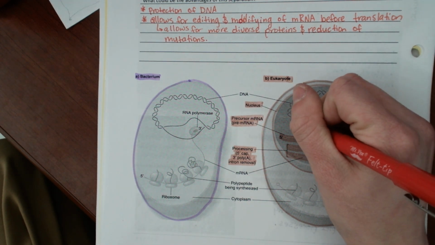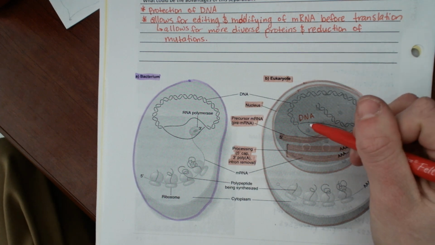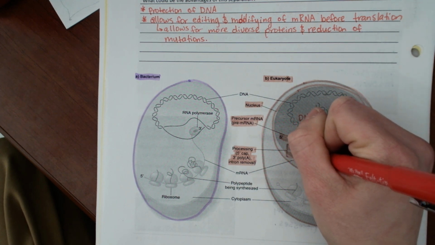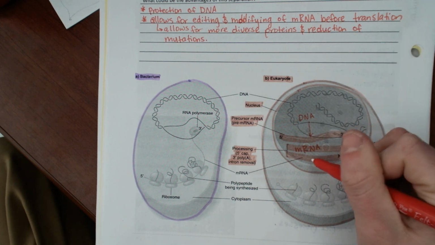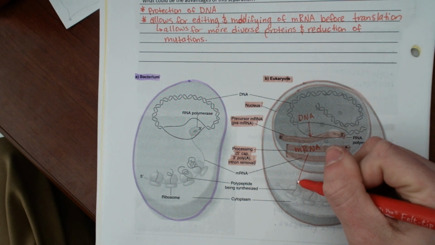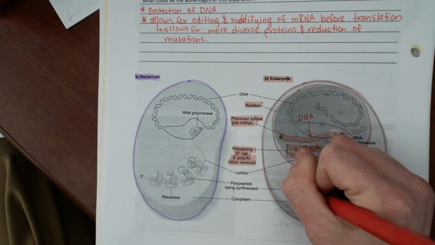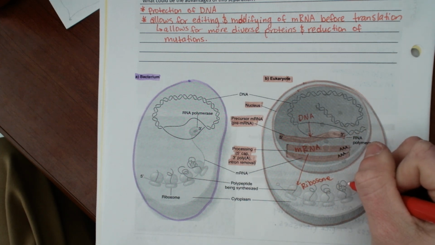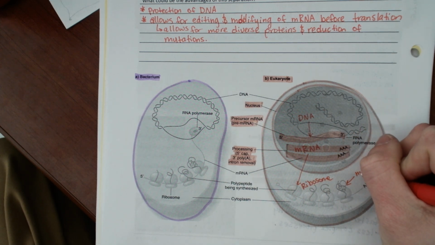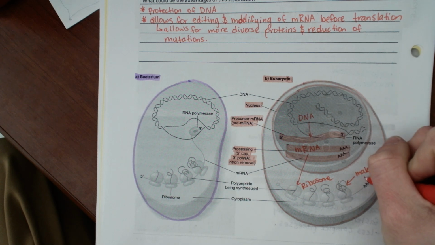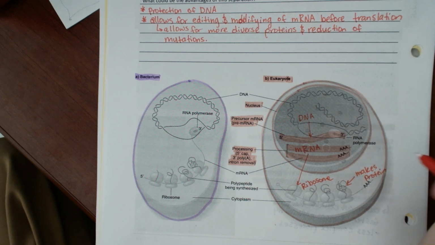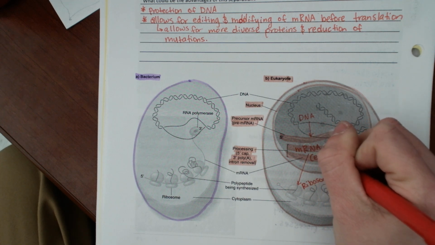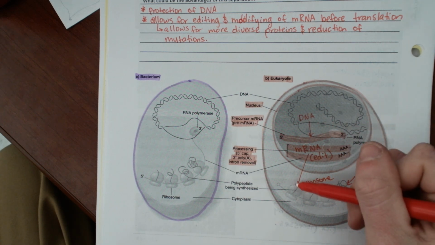And so it starts with your DNA, becomes mRNA, goes to a ribosome, and boop, makes your protein. But in this case, your mRNA gets edited before it comes out.